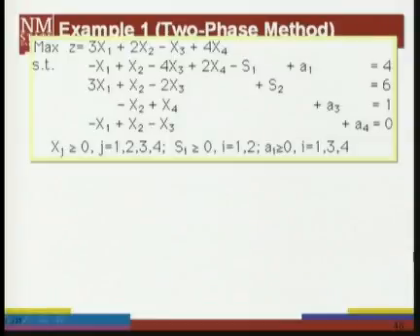So actually, we need to find a basic solution which has a1 equals a3 equals a4 equals 0. So we introduce a new objective, which is the phase 1 objective, whose objective function is to minimize the sum of all the artificial variables. And we can set it equal to W. Okay?